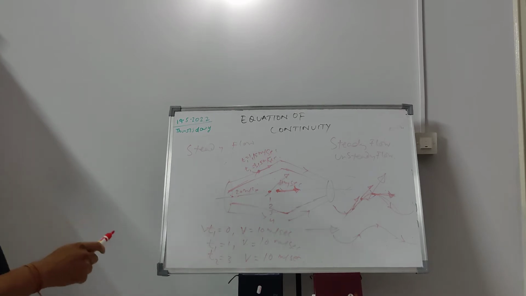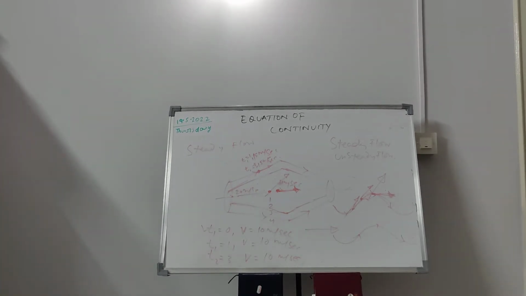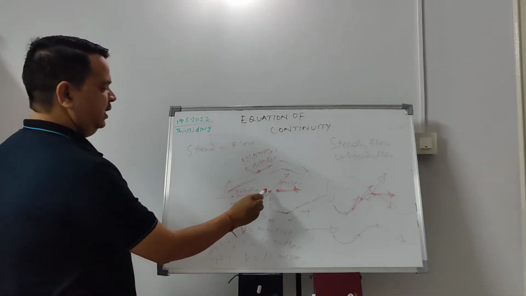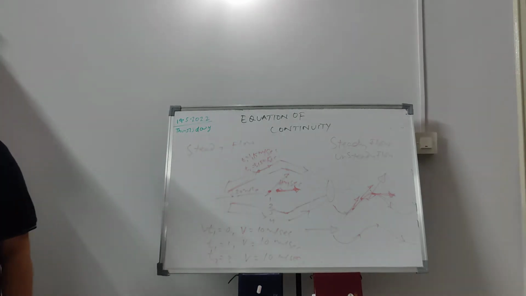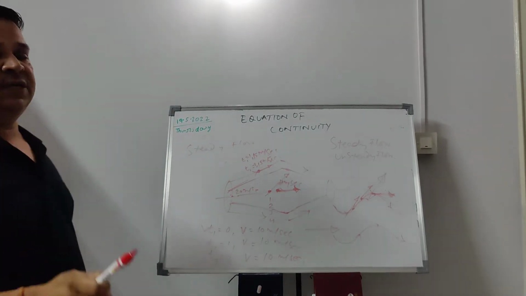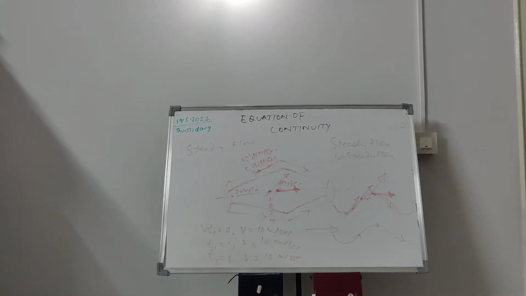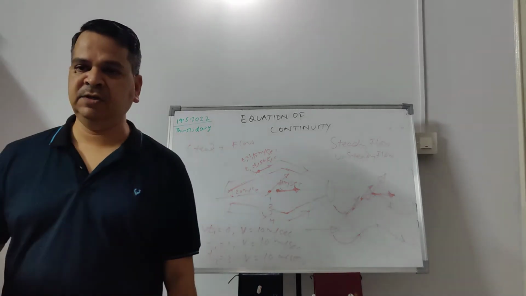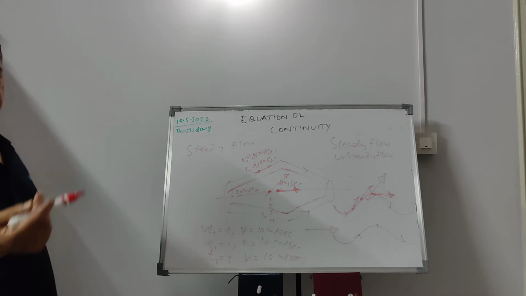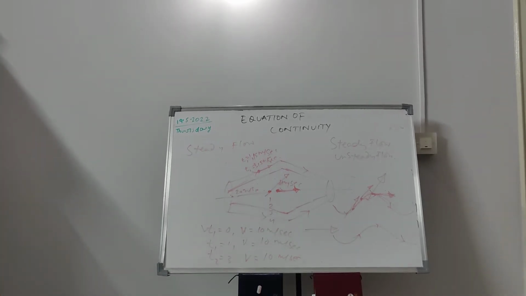So with respect to space and time, at any given point, at any point of time, if the velocity remains constant, with direction, that is called steady flow. And what is a streamline? The path followed by a particle in a steady flow is called a streamline. Okay.